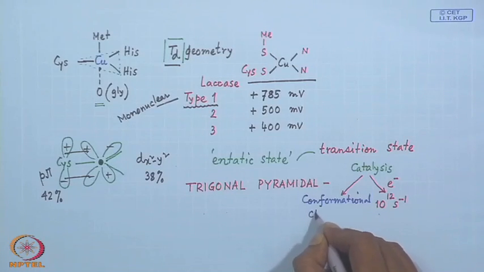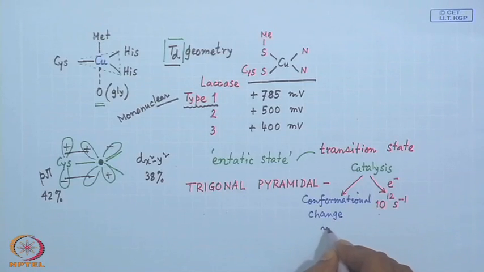So, you will have a conformational change which is also taking place, but it is a little bit slower compared to your electron transfer rate, which is 10 to the power 8 second inverse.